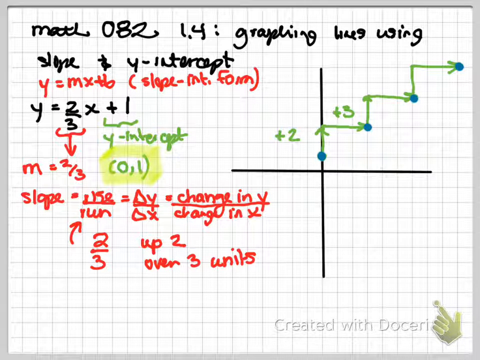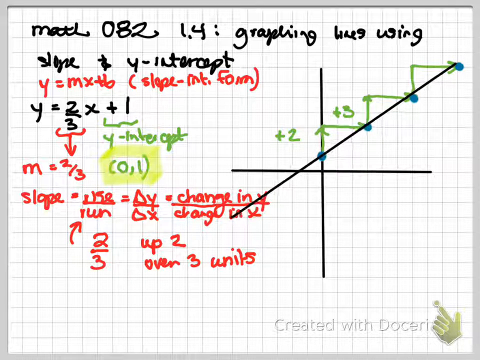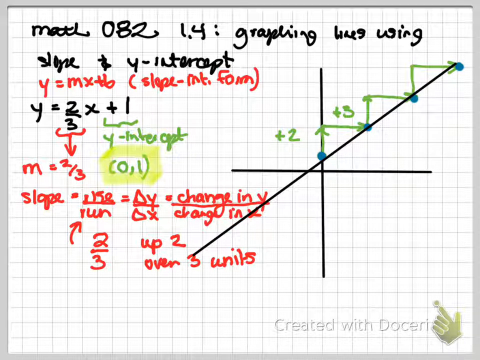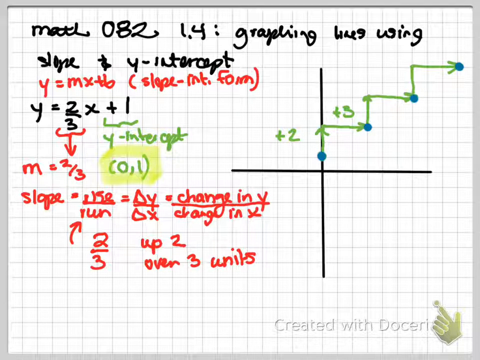Another very important point, I'm going to use a different color here to highlight this concept. If I were to draw this line here, remember lines are infinite in both directions, so I would also have some points to the left of my y-intercept. How can I generate those? Well, it's actually not that terrifying.